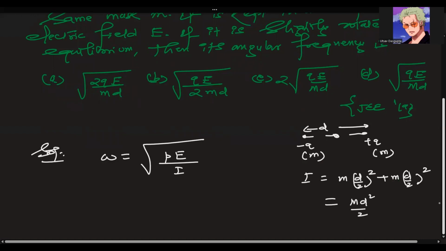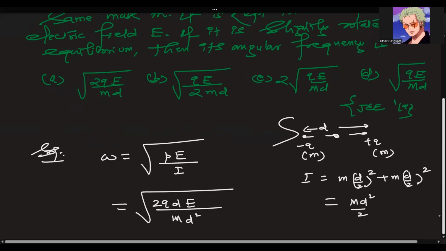So if you put it, you will get root over of dipole moment p, which is q multiplied by the distance d, multiplied by e, divided by md square by 2. One d cancels, so we get root over of 2 q e divided by md, which is our option number A.